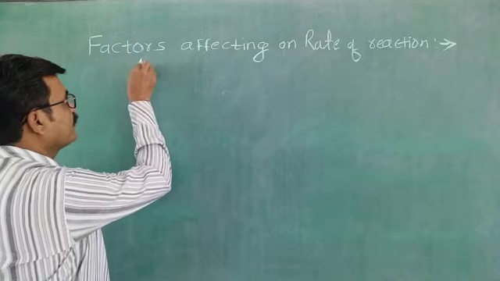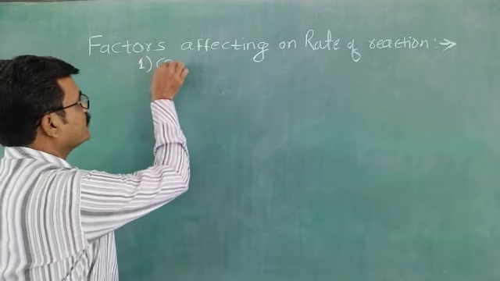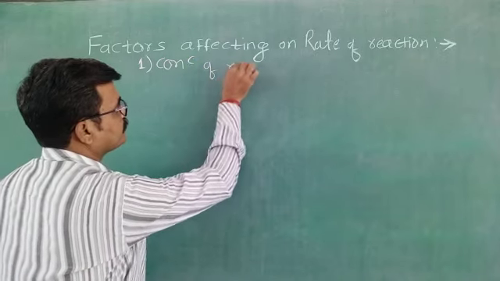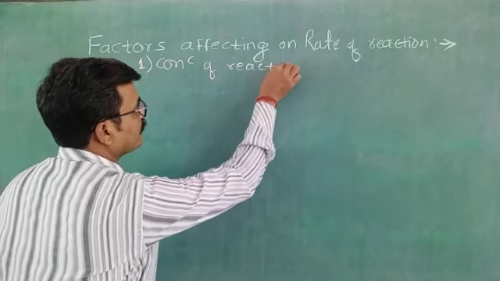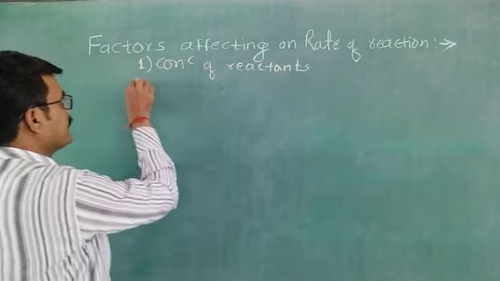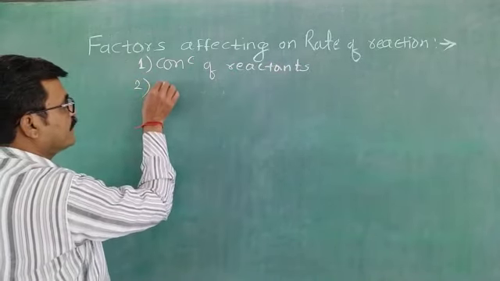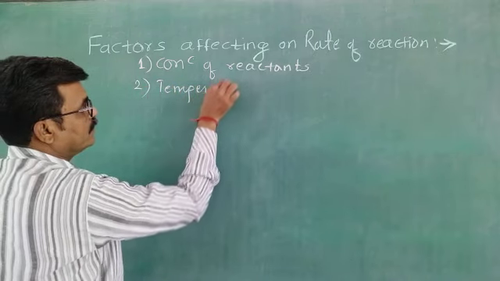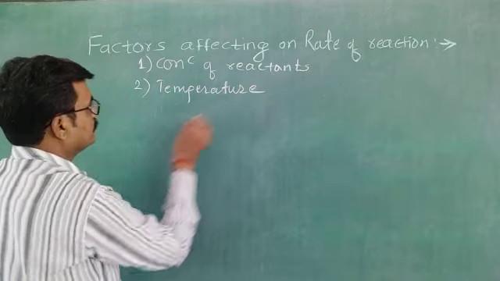First factor affecting the rate of reaction is concentration of reactants, and second one is effect of temperature on the rate of reaction.